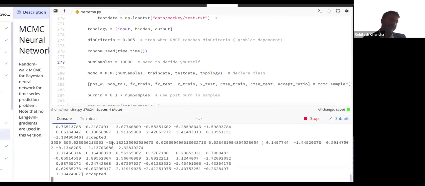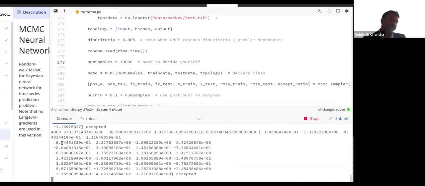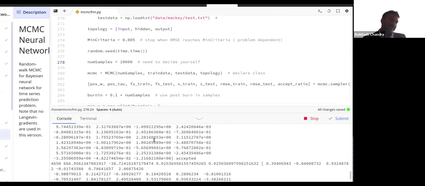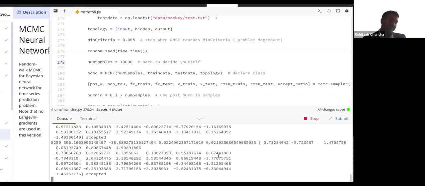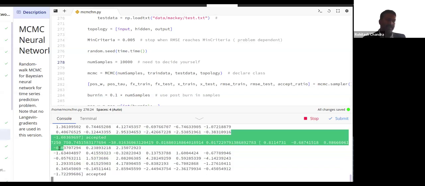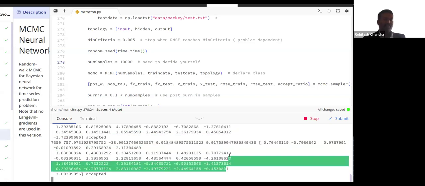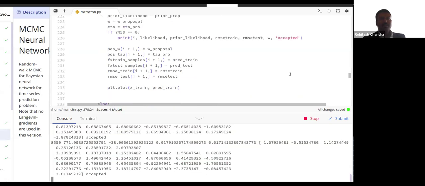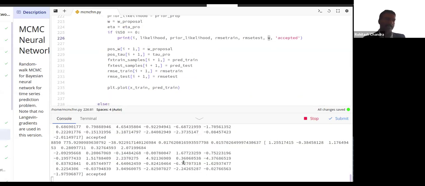As it is sampling, it is showing the results, meaning this here is the set of weights and biases that were proposed and are accepted. That's what it is printing there.